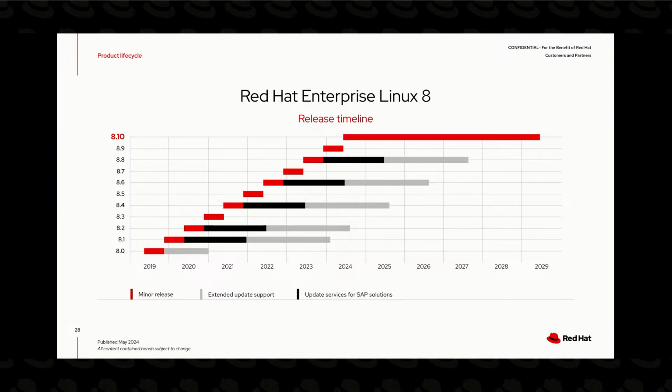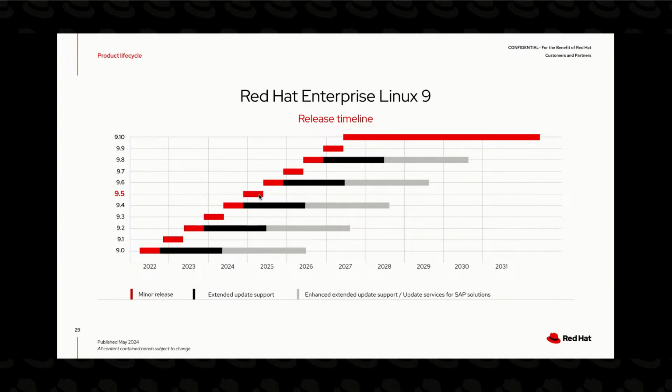It will continue to be 8.10 for the remainder of its 10-year life cycle, which is roughly 4.5 more years. And during that time, you should expect critical and important security updates, but not a whole lot else in terms of updates on this operating system. There might be a couple of bug fixes that sneak through now and again, but primarily it's critical and important security errata.